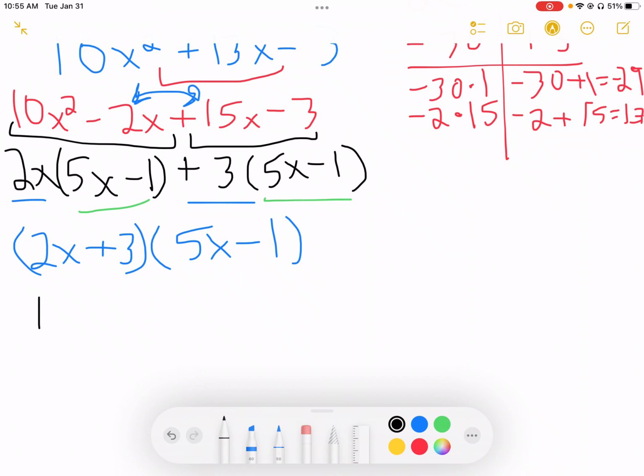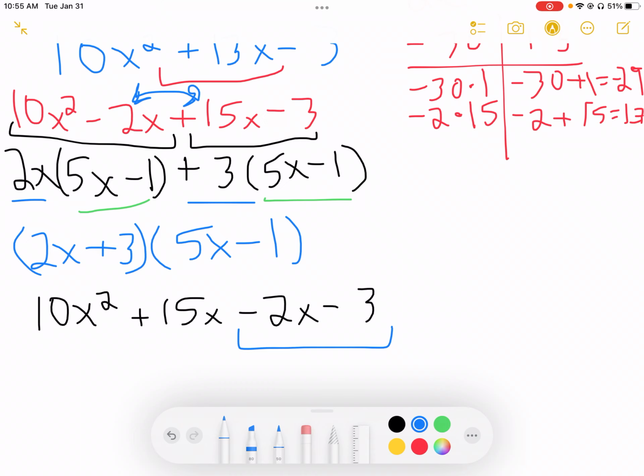So let's just say we write that same example above, we had 10x squared plus 15x minus 2x minus 3. Okay, so then you say, well, now I'm still looking at factoring by grouping.